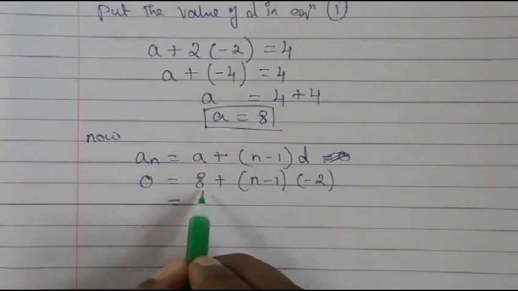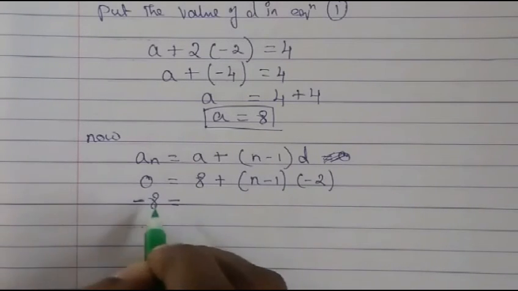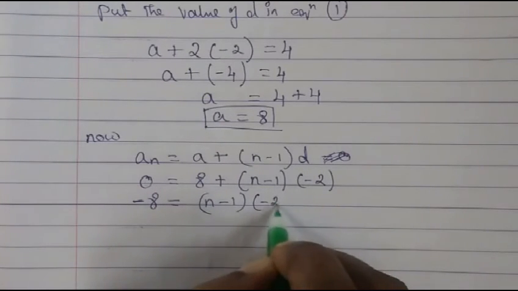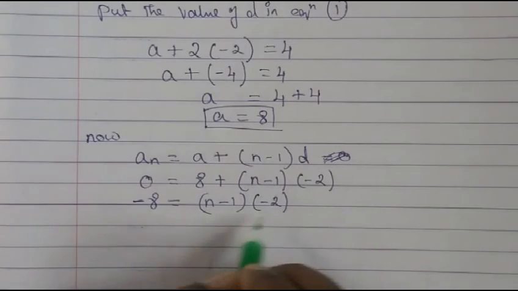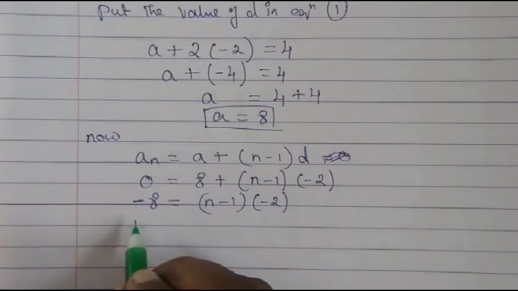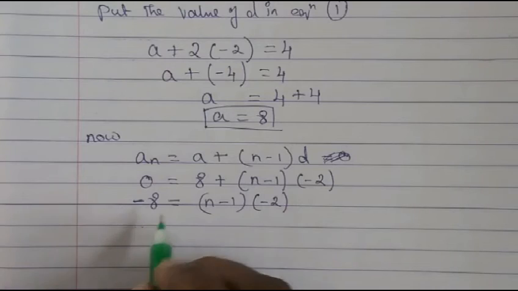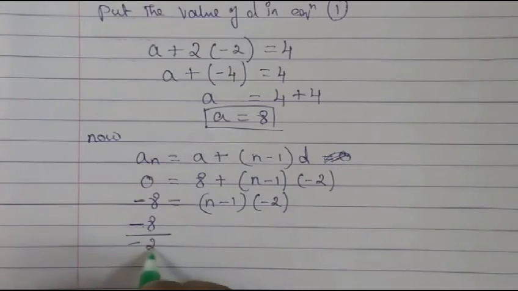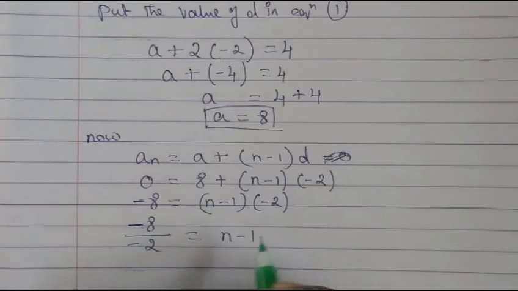So bring this plus to this side, it will become minus 8. Then we have N minus 1, then minus 2. Now this minus 2, to bring to this side, here it is in multiplication, when it comes this side it will become division. So minus 8 will be in division by minus 2. Minus minus gets cancelled.